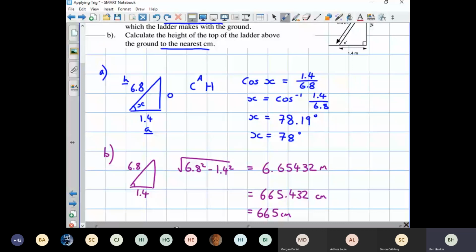We are then either taking it to 2 decimal places, because as Mr. Critchley points out, that is essentially giving it to the nearest centimetre, or you can convert it to centimetres and then round from there. Either way, we should have 665 centimetres or 6.65 metres. Okay, hopefully we did okay on that.